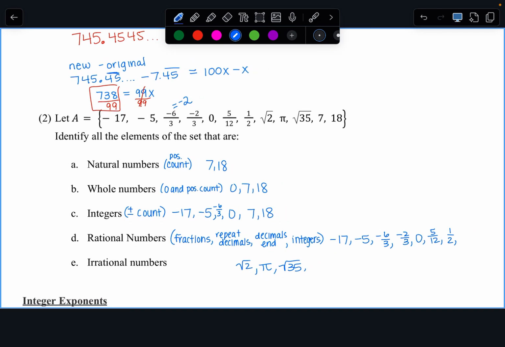Rational. Yep. And so is 18. So, irrational numbers are decimals that never end. You can also think messy square root.